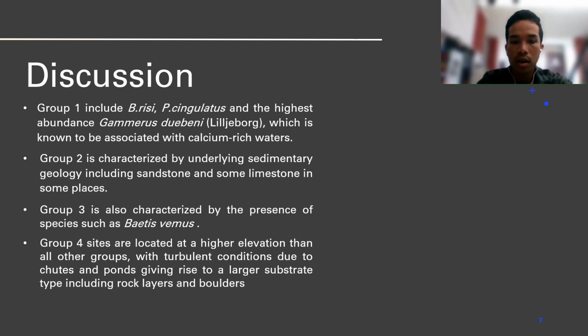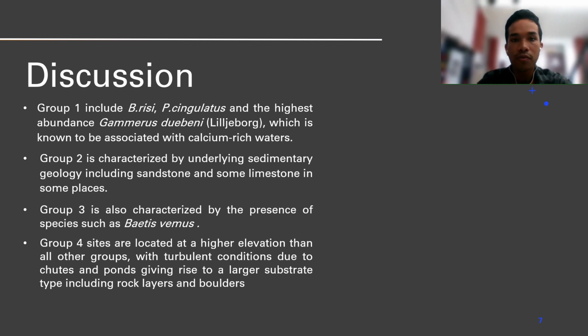Group 4 sites are located at higher elevation than all other groups, with turbulent conditions due to cascades and pools, giving rise to larger substrate types including rock layers and boulders.